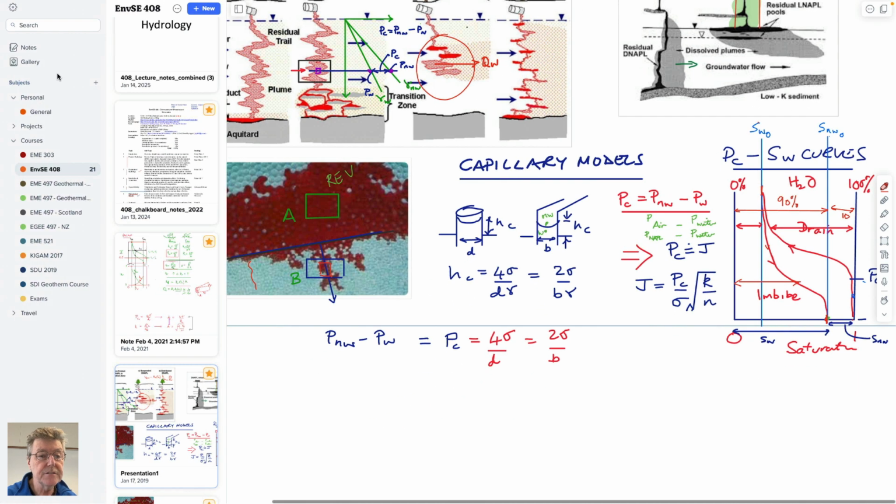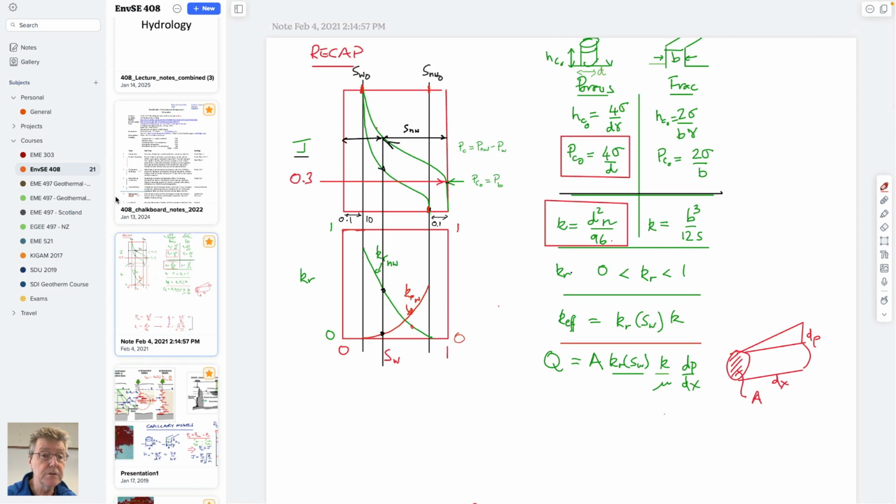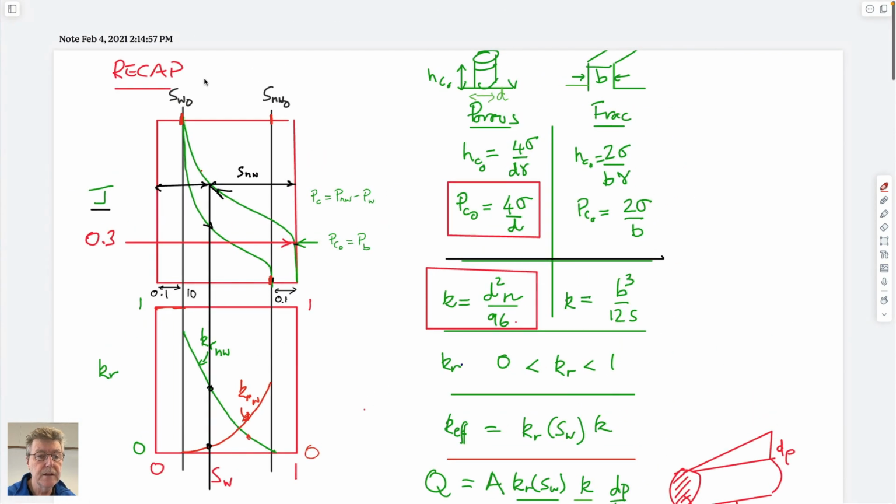This is summarized on this slide, which we looked at briefly last time. But it includes everything that we need to know. The capillary pressure versus saturation diagram and the relative permeability diagrams sit on top of each other.